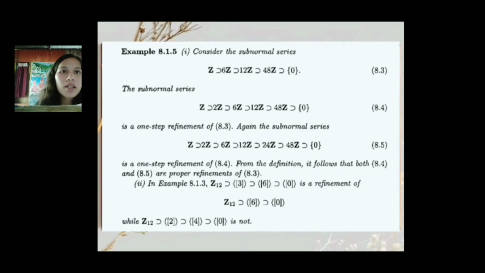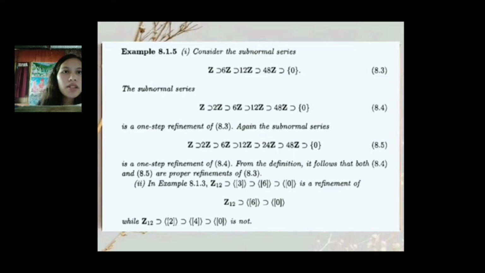The subnormal series Z ⊋ 2Z ⊋ 6Z ⊋ 12Z ⊋ 48Z ⊋ {0} is a one-step refinement of 8.3.